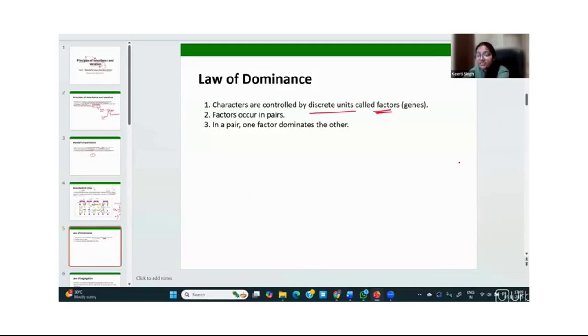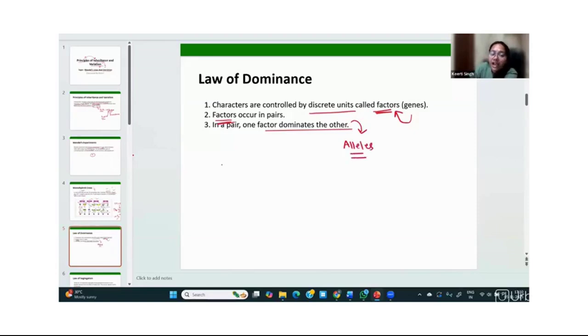Later, other scientists discovered that these factors were actually the genes. And these factors occur in pairs. Pairs means there will be two forms of a single factor, and one factor dominates the other. And here this term alleles is coined, right?